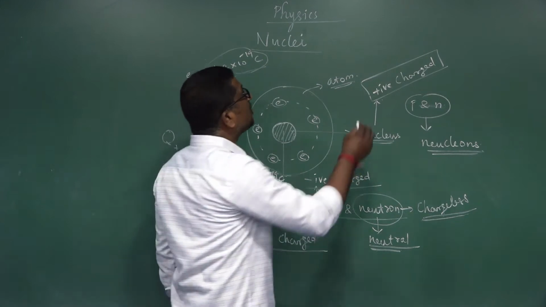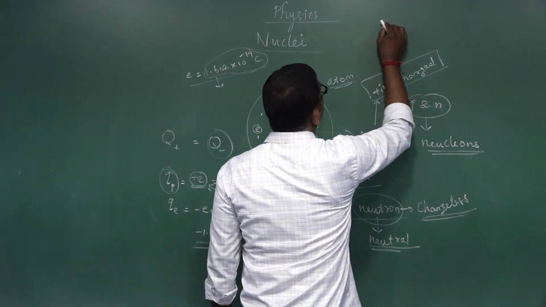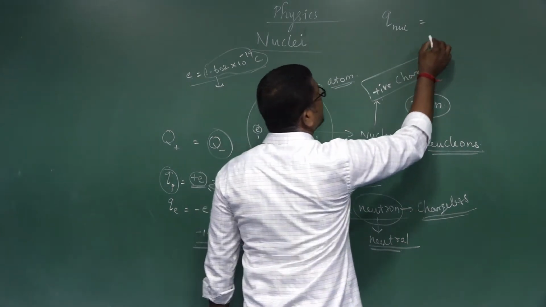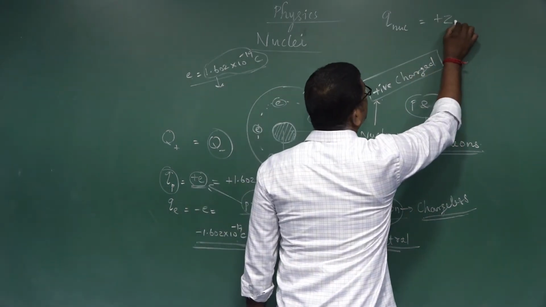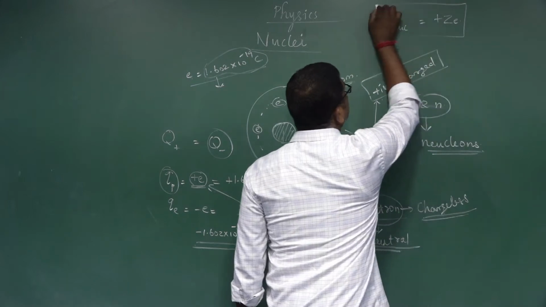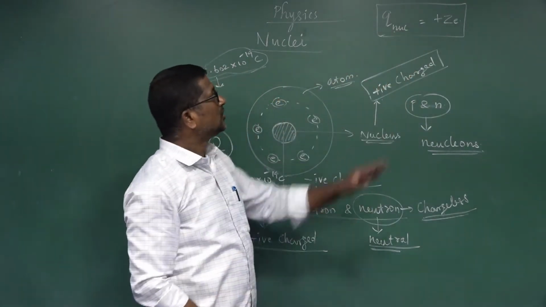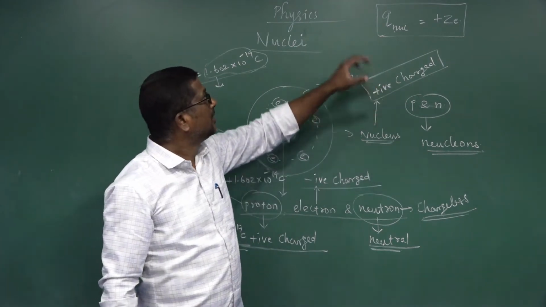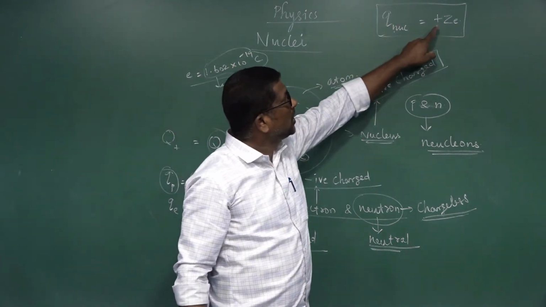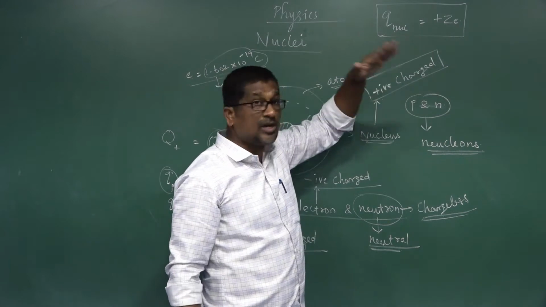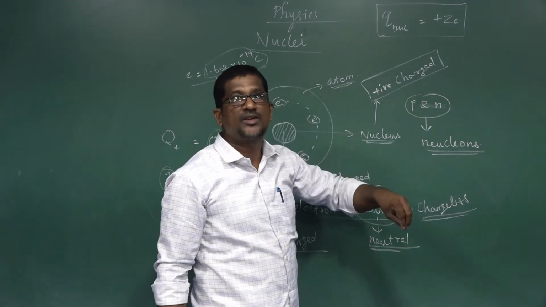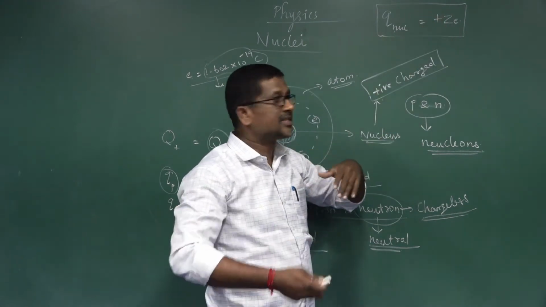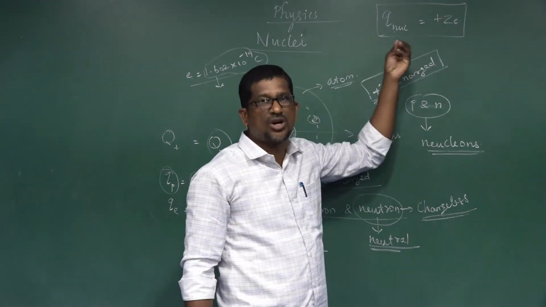Generally, the charge of the nucleus is represented by plus Ze. Okay, so this equation is common for all nuclei. The charge of the nucleus is equal to plus Ze, because the nucleus is always positively charged due to the presence of protons, right? What is Z? Atomic number. Later we will discuss that. And e is the charge of a proton.